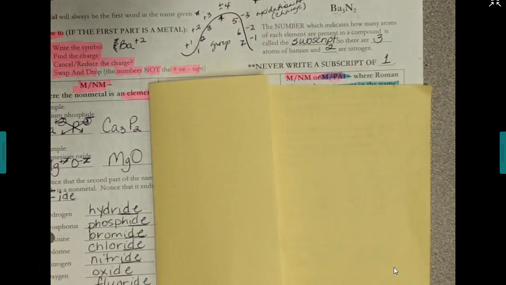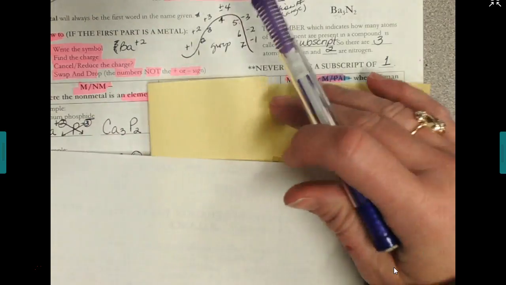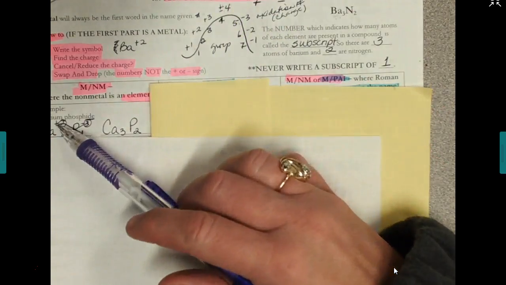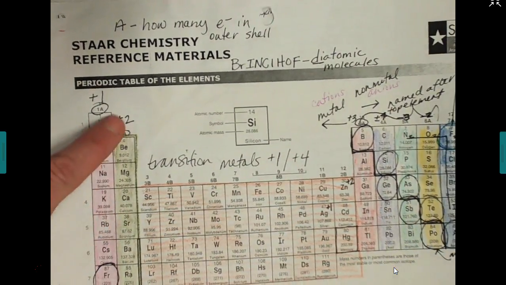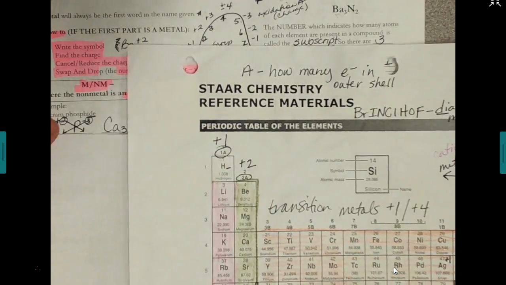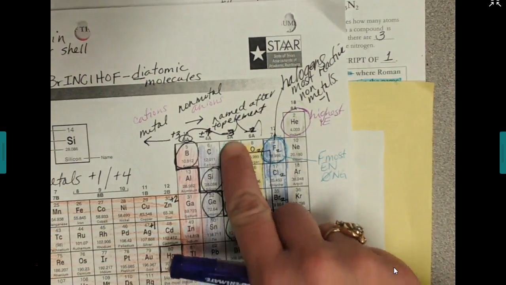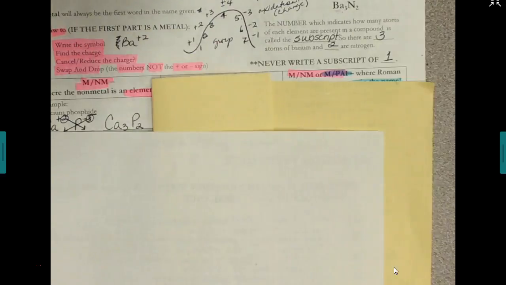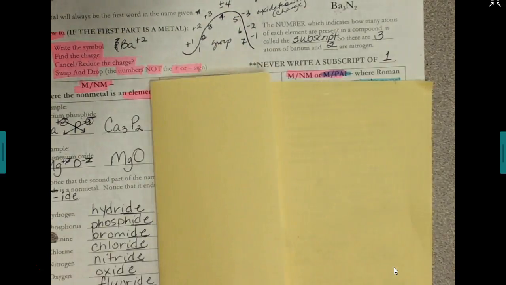Okay, so looking at this, we learned calcium phosphide. So we wrote calcium, Ca, we looked up the charge, +2, and we wrote Ca +2. Phosphide, which is phosphorus, is a -3. We swapped and dropped or crisscrossed them and got Ca3P2.